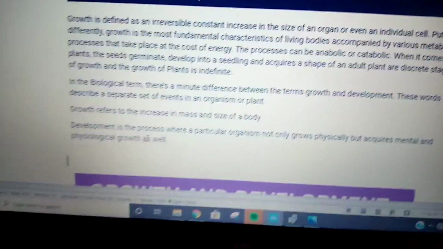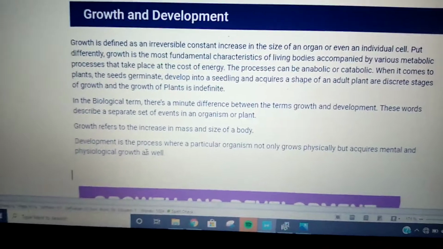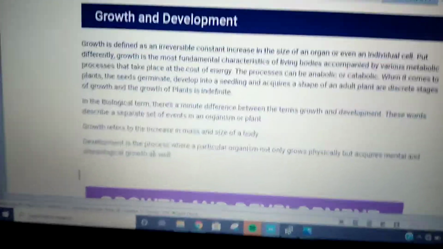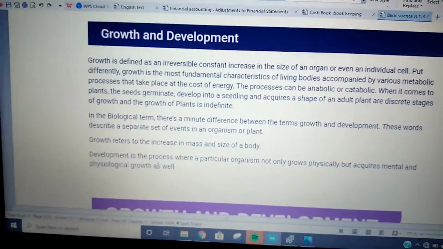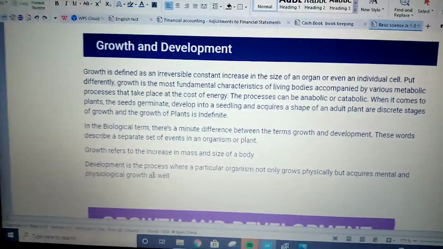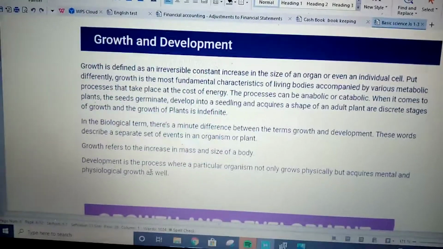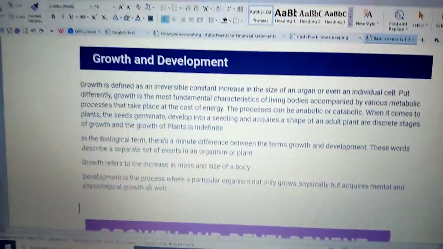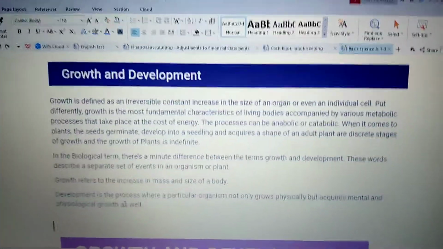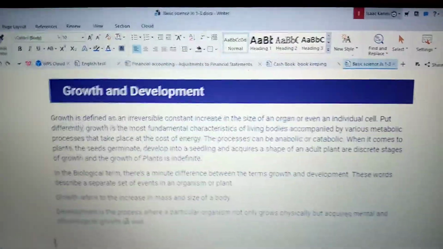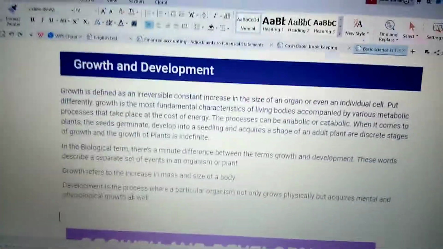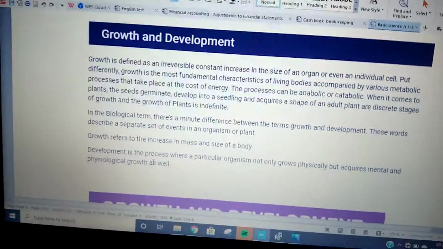Let's look at development. What is development? Development is a process where a particular organism not only grows physically but also acquires mental growth as well. Development combines the elements in growth and also the mental development.